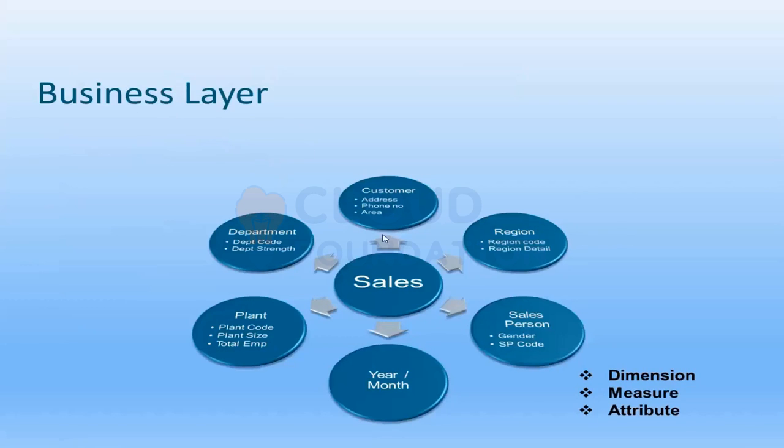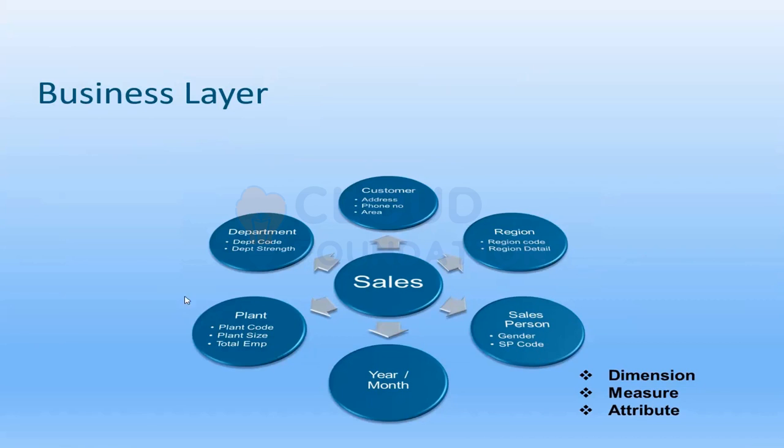As I told you, this business layer is like folders, like a customer folder. The customer class has details like customer address, phone number, area, region, region code, region detail, salesperson, what is his gender, and what is the salesperson code. Year, month, details, plant.